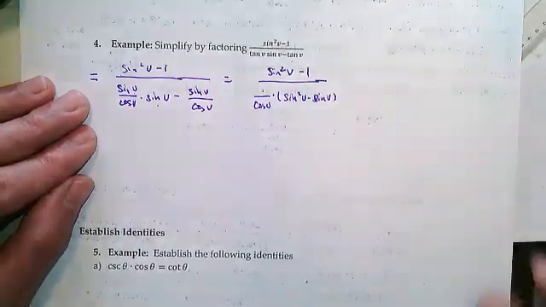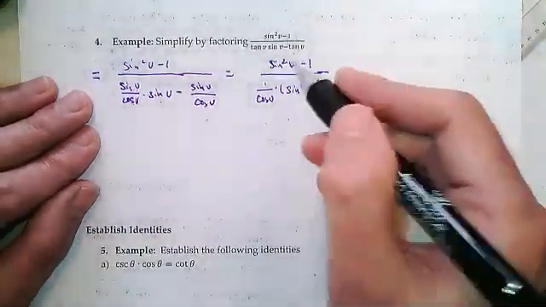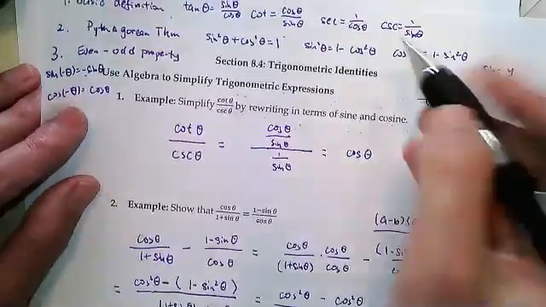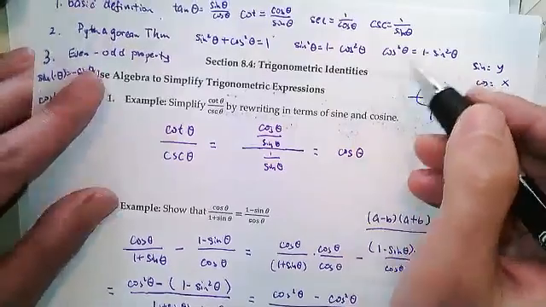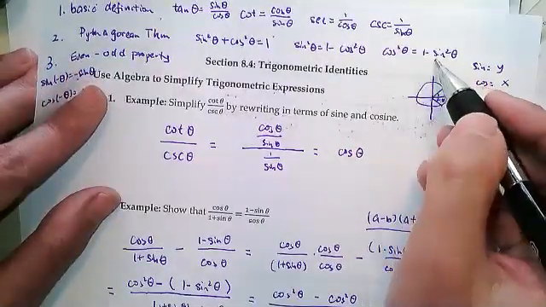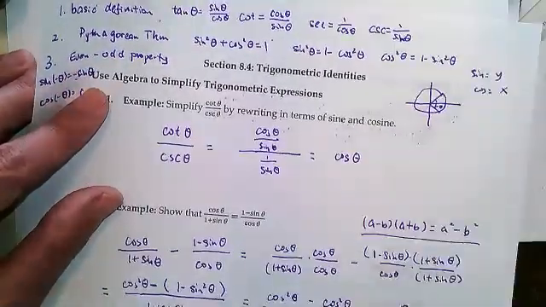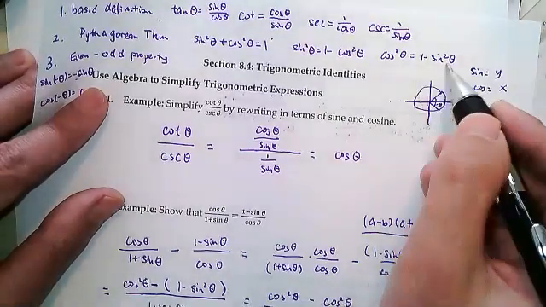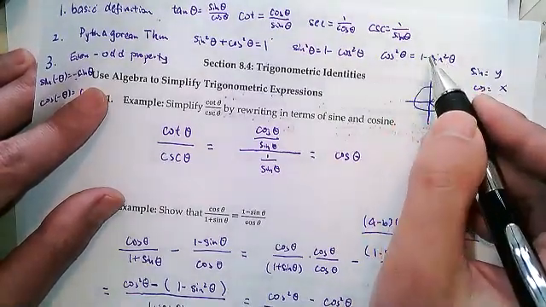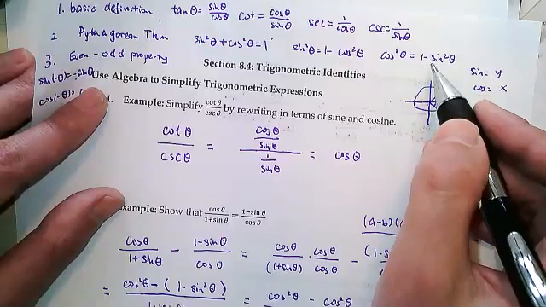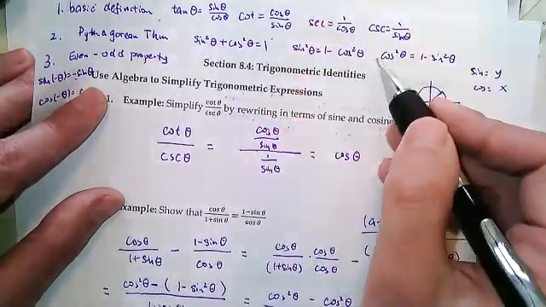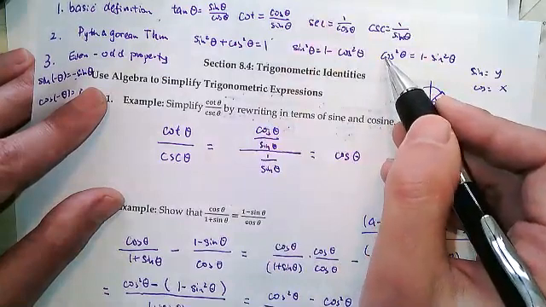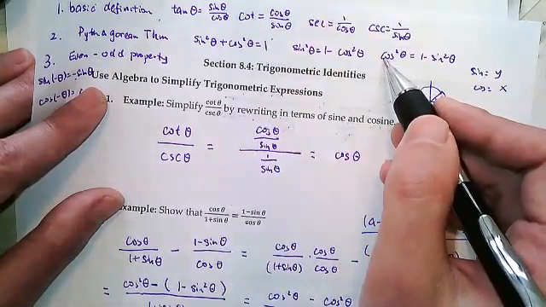So you would get cosine squared. Cosine squared is 1 minus sine squared. So look at this formula. Our question has sine squared minus 1. So just flip the sign. So you have negative cosine squared. Right?